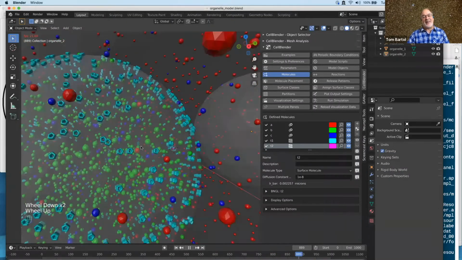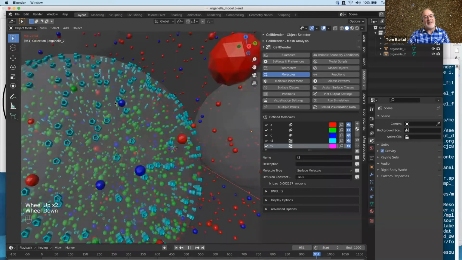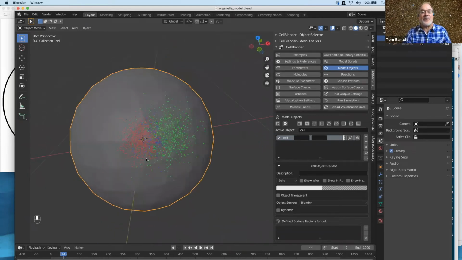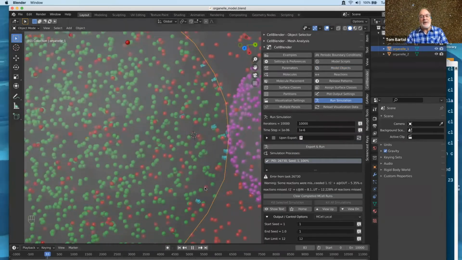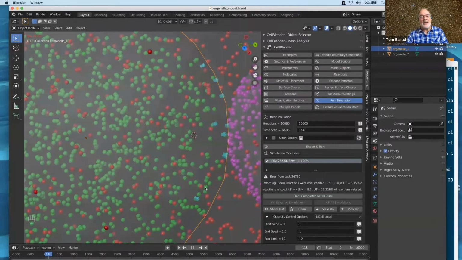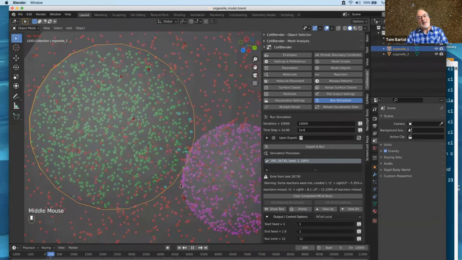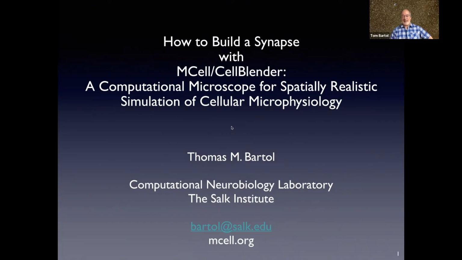And you're going to learn today about the tools we've developed that make this possible based on MCell, Monte Carlo cell, that tracks the individual particles of molecules as they diffuse and interact with each other in realistic 3D geometries.